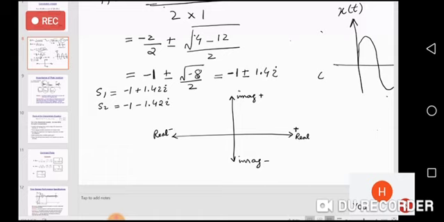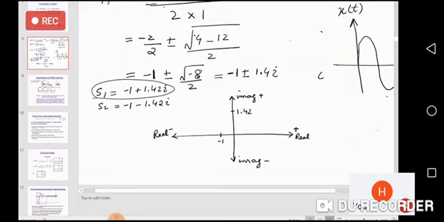So for the first pole, the value will be -1. Assume this is -1 and 1.42, simply 1.42 because it's imaginary, the iota axis.